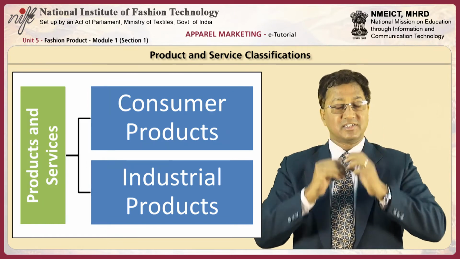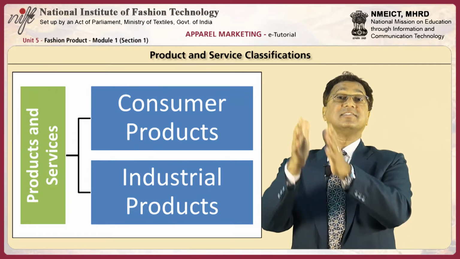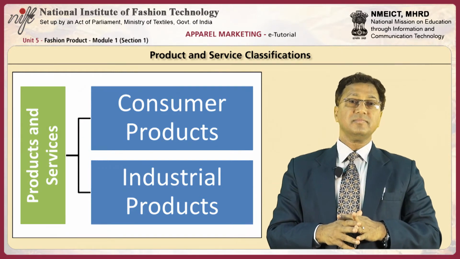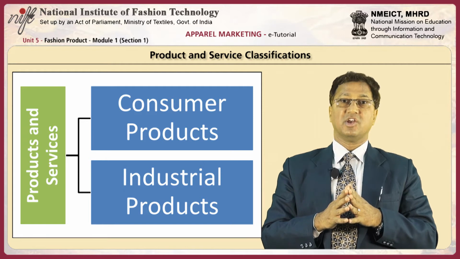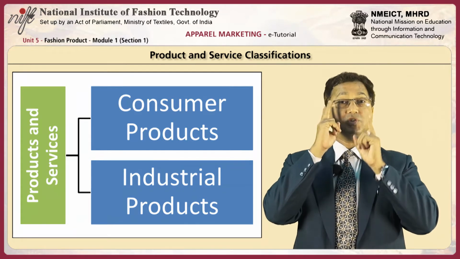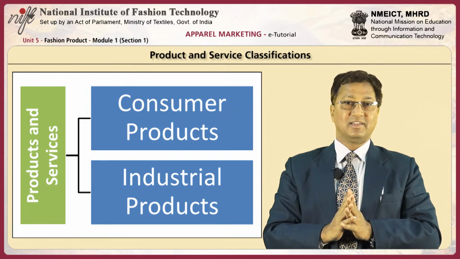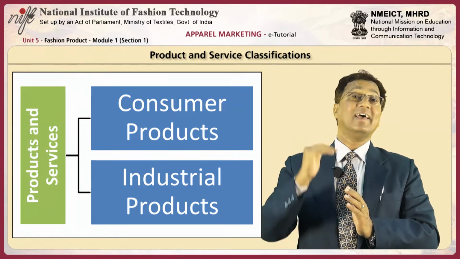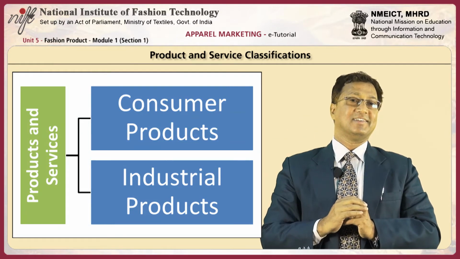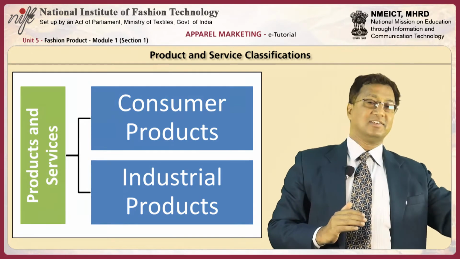So now let us understand clearly the product and service classification. Products and services fall into two broad categories based on the types of end users: consumer products and industrial products.